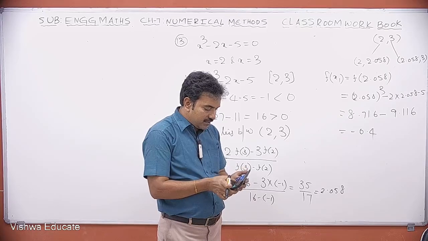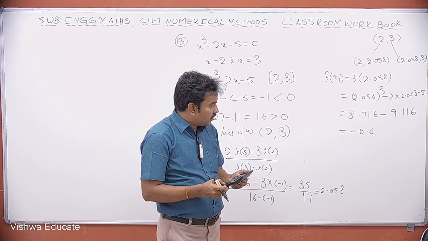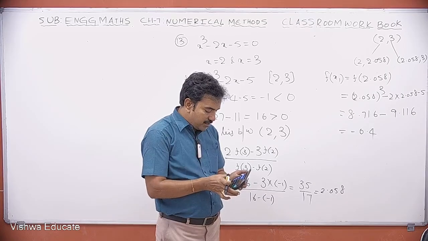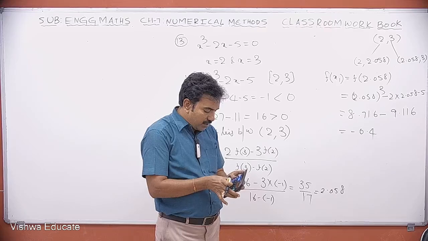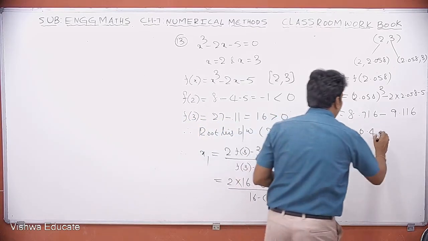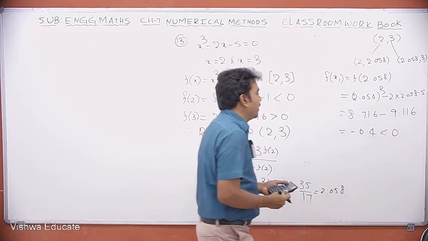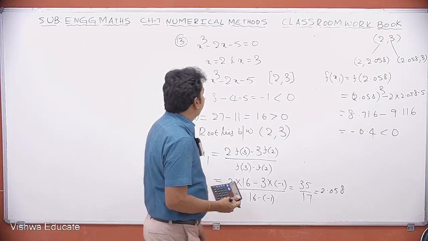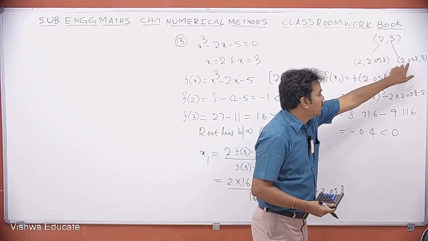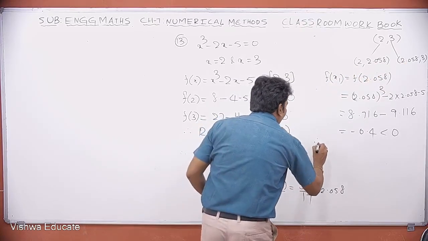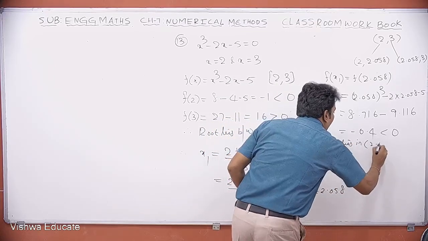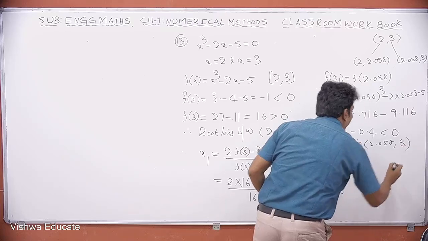So you will get 9.116. 9.116 minus 8.716 gives me minus 0.4. So this is less than 0. Therefore, in this case, f of 2 is negative and this is negative. So the root belongs to this interval. So the root lies in the open interval (2.058, 3).